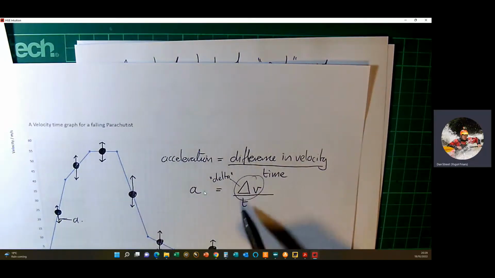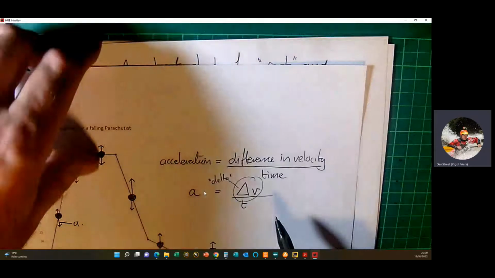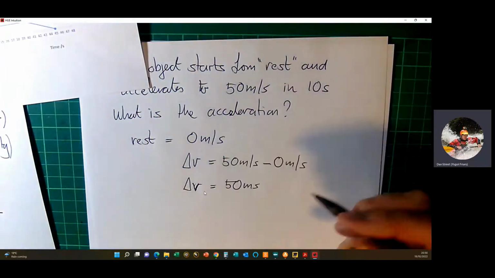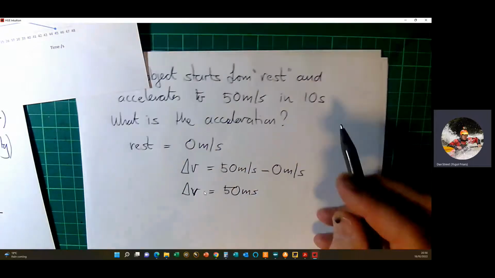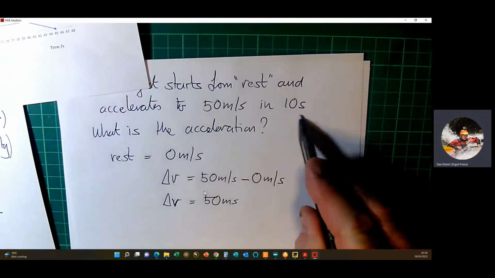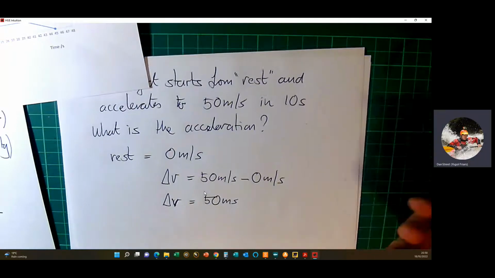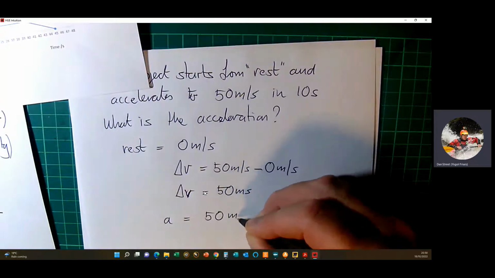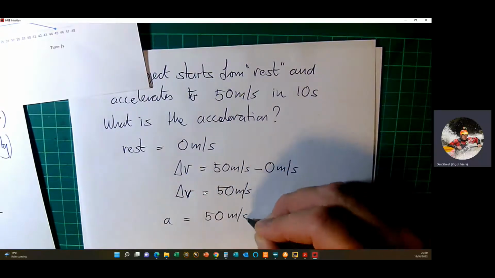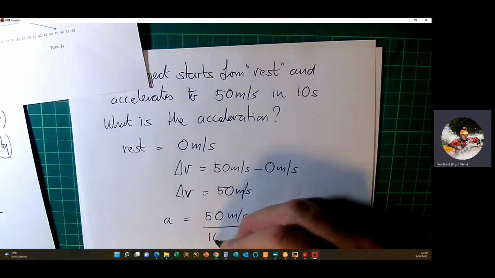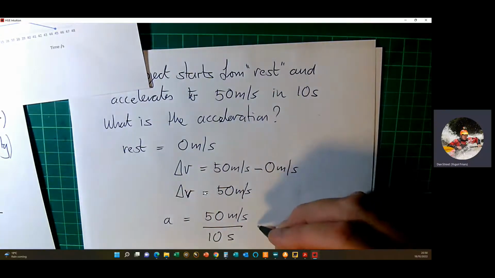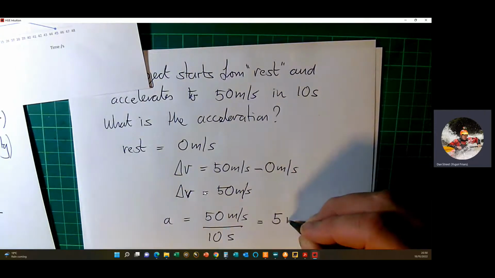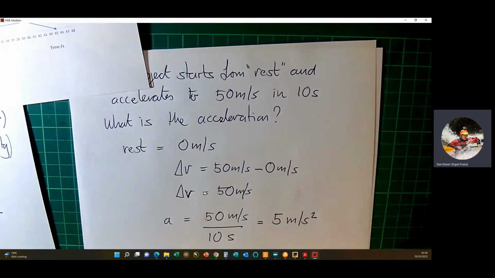So that's delta v divided by t. Okay, so we now know delta v. Delta v, that's a v by the way, is 50 meters per second. t from the question is 10 seconds. Okay, so acceleration is 50 meters per second divided by 10 seconds. Okay, and so 50 over 10 is 5, and the units of acceleration are meters per second squared.